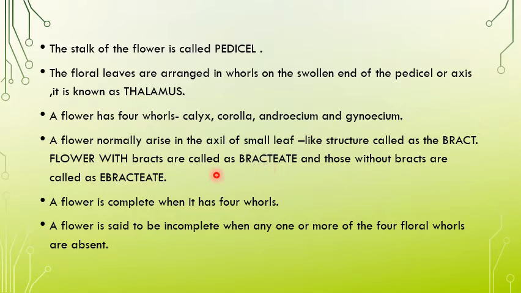Flowers with a bract are known as bracteate, and those without a bract are known as ebracteate. A flower is complete when it has the four whorls, that is calyx, corolla, androecium and gynoecium, and the flower is said to be incomplete when any one or more of the four whorls are absent. Either the calyx is absent or the androecium is absent.